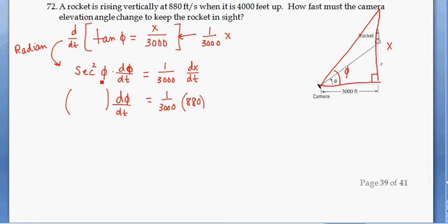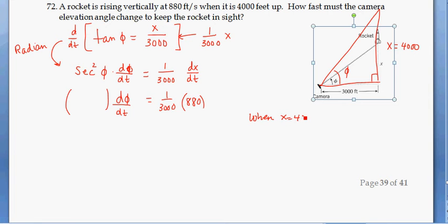They didn't tell me what phi is, but at the instant when x is 4,000, I could just compute that, right? So when x equals 4,000, tangent of phi equals 4,000 over 3,000. In radian mode, of course, make sure you're in radian mode, I'm taking the inverse tangent of 4/3, and I'm going to get an answer like 0.9273.